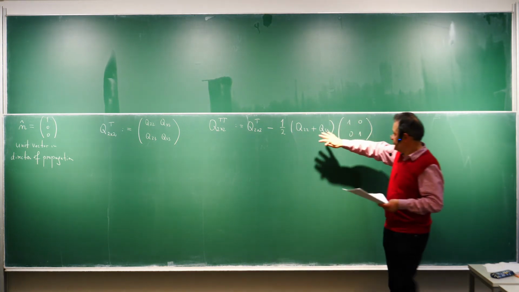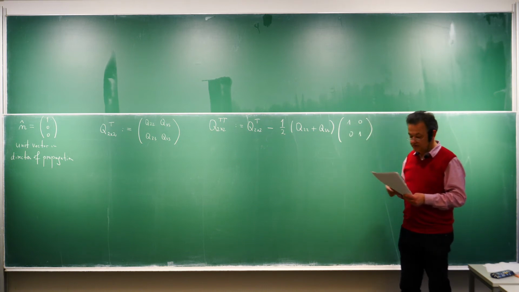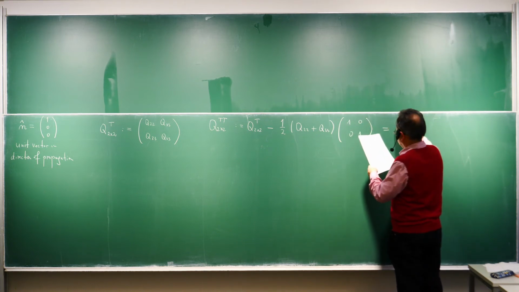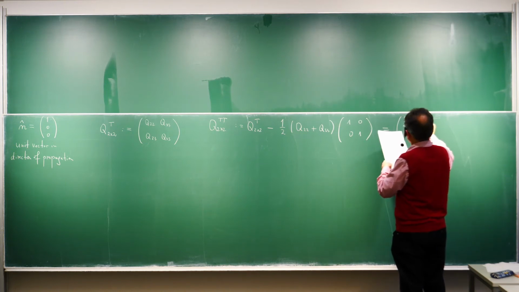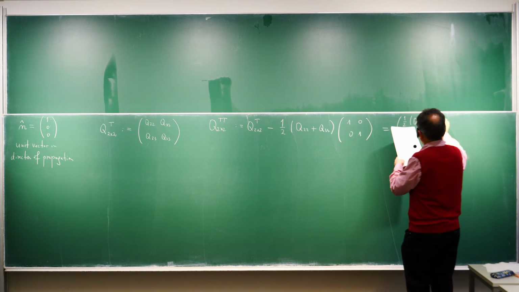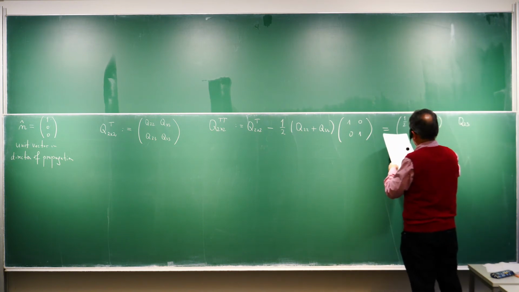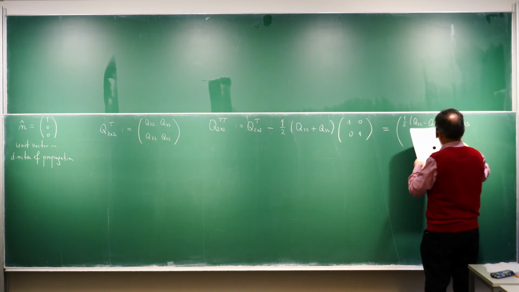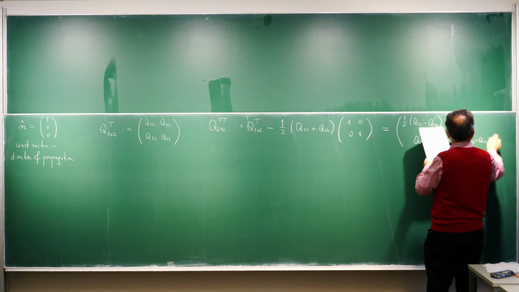So it's clear if you calculate the trace of this, then you get 0. If you write it down explicitly, it's 1/2 (Q22 minus Q33), Q23, Q23, minus 1/2 (Q22 minus Q33).